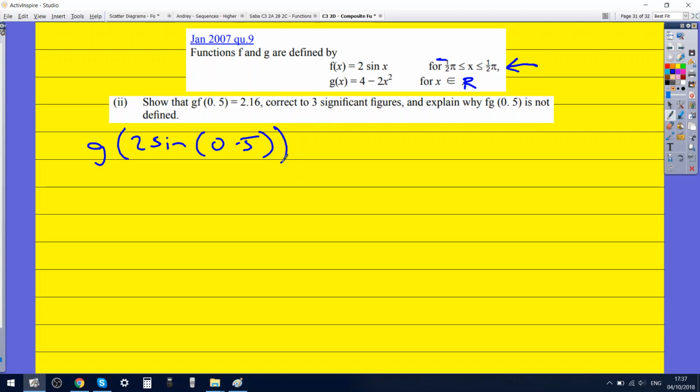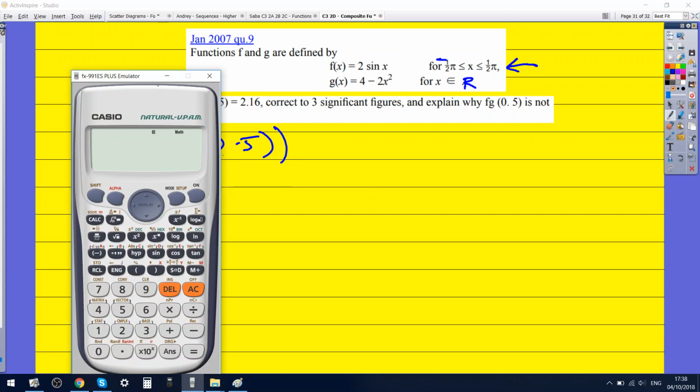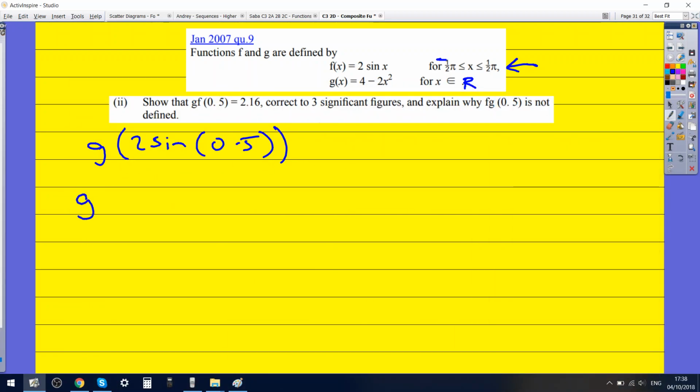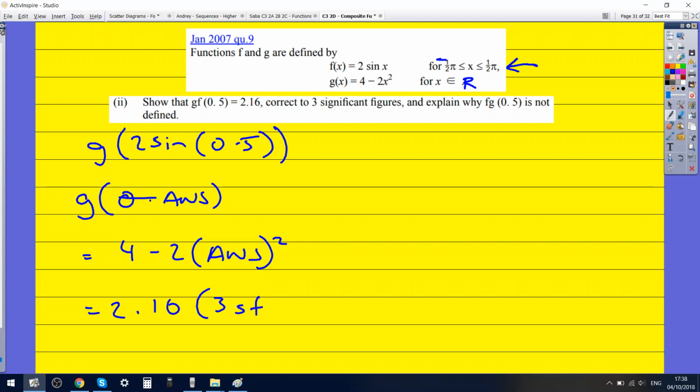How do I get to radians on the calculator? Oh, you have it. 2 sine 0.5 gives you 0.95885, so then 4 minus 2 times that squared gives us 2.16. So 2.16 to 3SF.